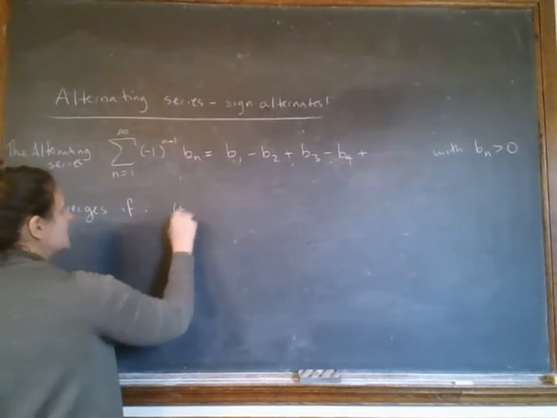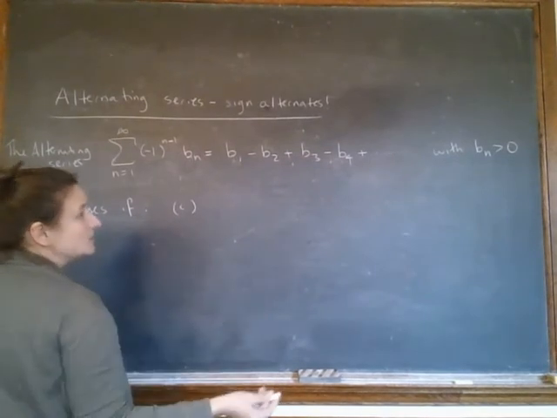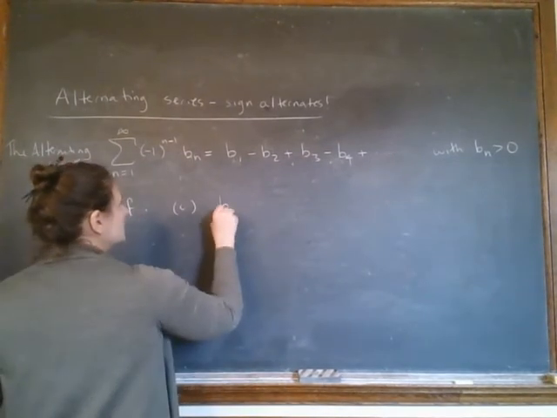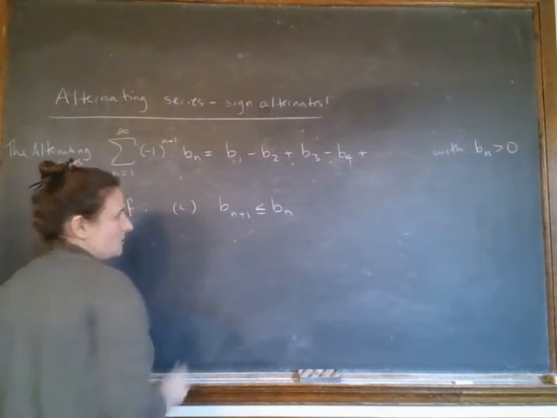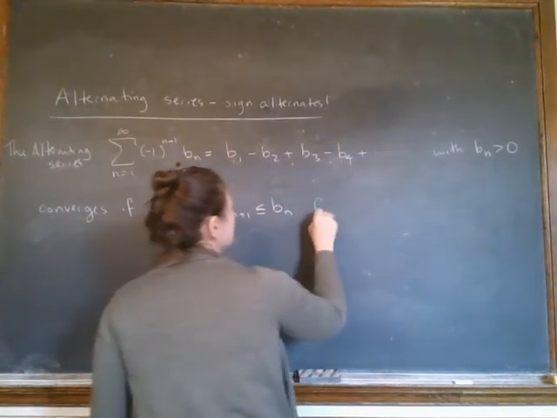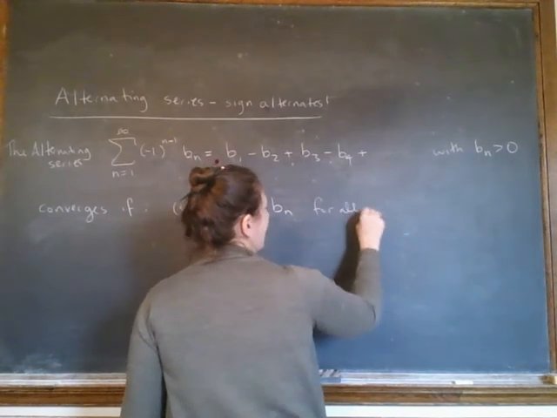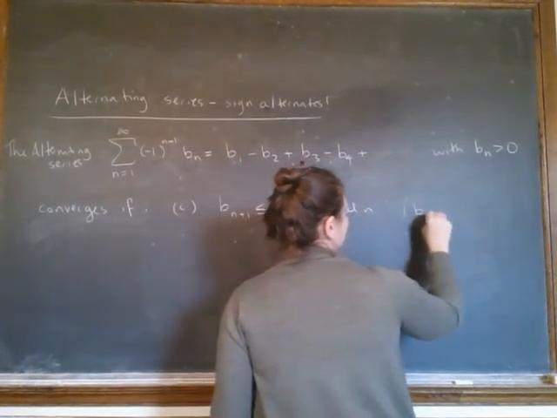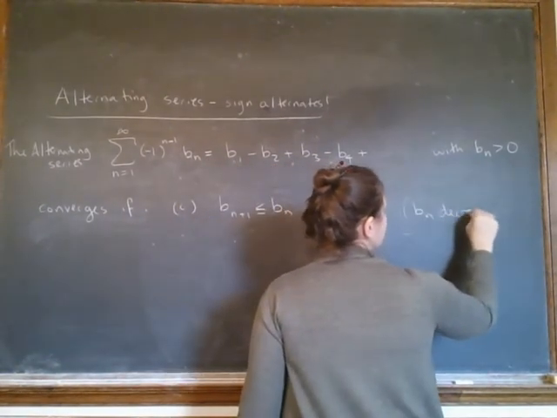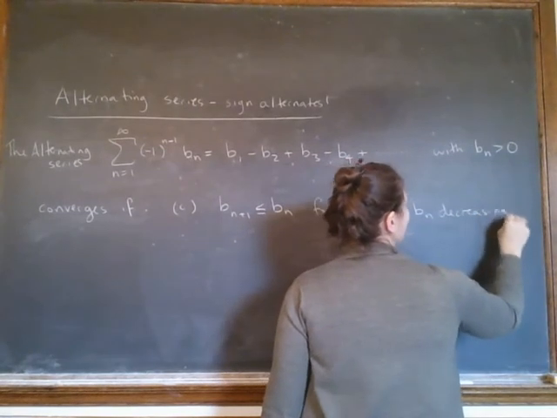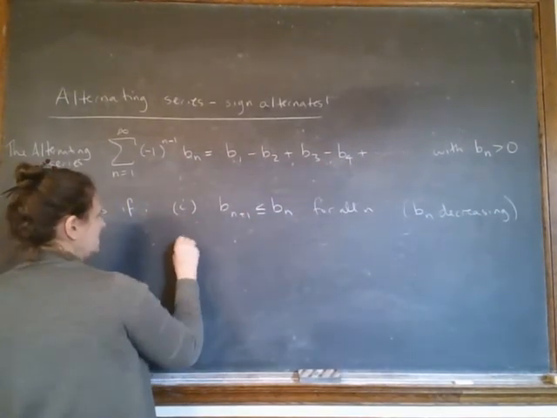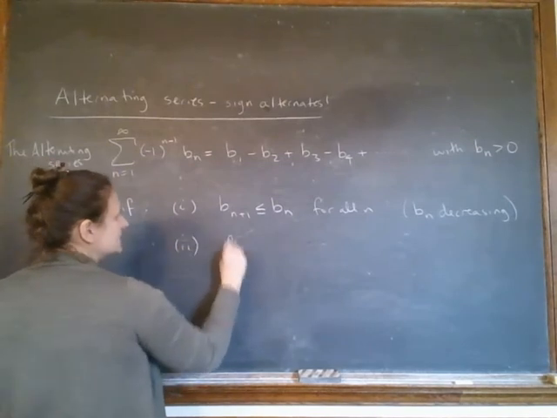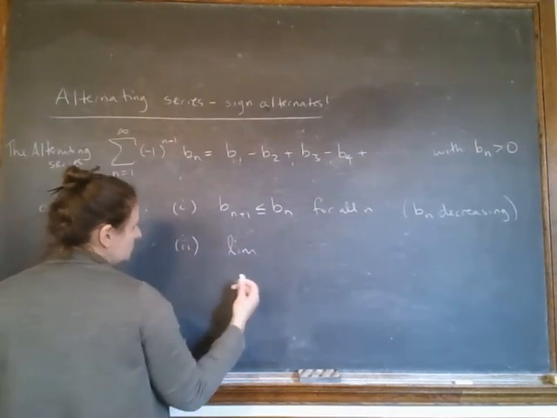The first is that the b_n's are decreasing. So b_(n+1) is less than or equal to b_n for all n. So this is b_n decreasing. And the second thing we have to show is that it's decreasing to 0.